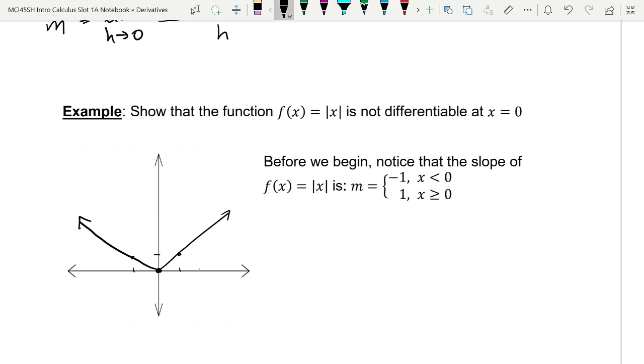So we notice that the slope is going to be positive 1 this way and negative 1 that way. So let's see if we can figure out what is the slope at x equals 0, which again is the part that we call the cusp. This sudden change in direction.